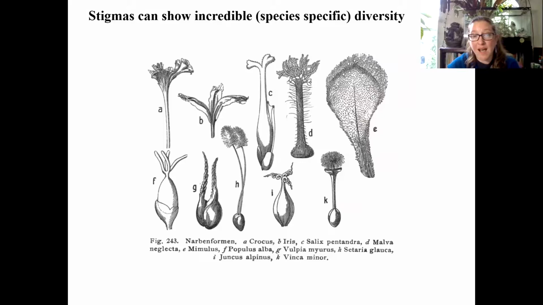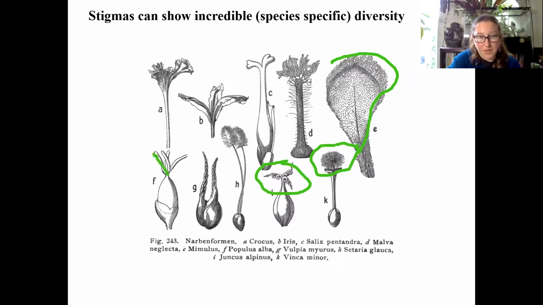And stigmas have a lot of diversity. These are different examples of stigmas. Look at this one, like a curlicue. This one's like a pom-pom. This stigma almost looks like a big tongue, right? You get branching sometimes, little frillies sometimes.